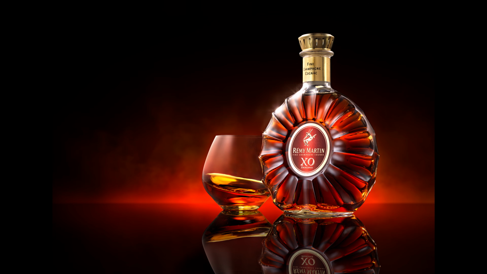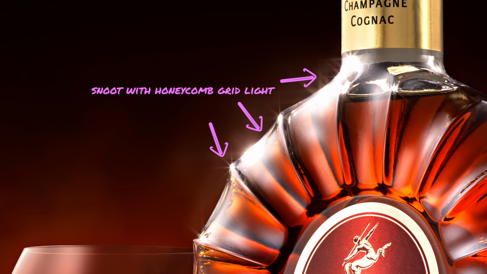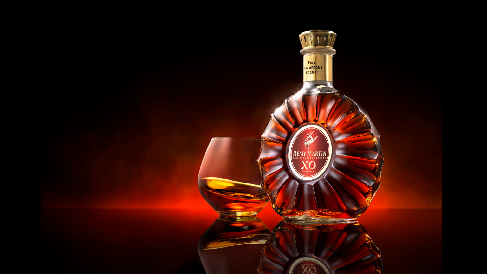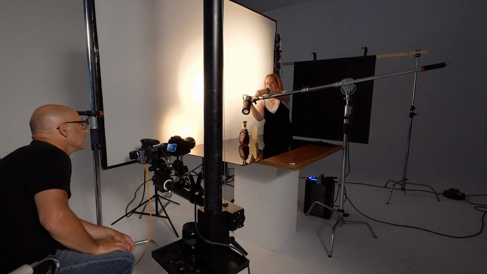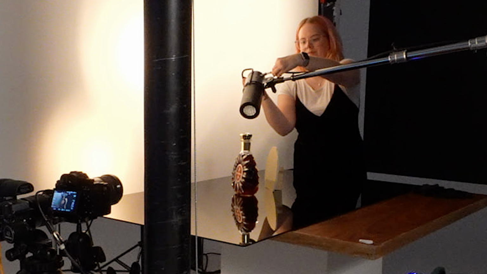And if we look at the final shot, that is this bright, sparkly, flary, glowing light on the left-hand side of my bottle here, or my left-hand side, which I've deliberately overexposed on that side to create that flare and those sparkles, just to give a little bit more magic to the shot. So that was that really tight snoot that you can see Emma positioning in place for me there in that BTS shot.